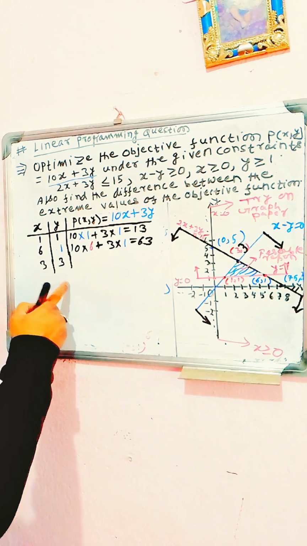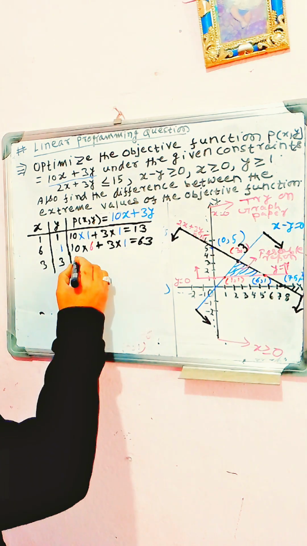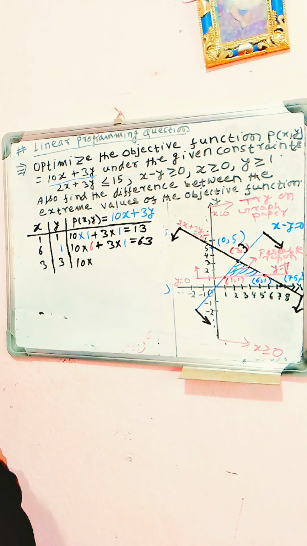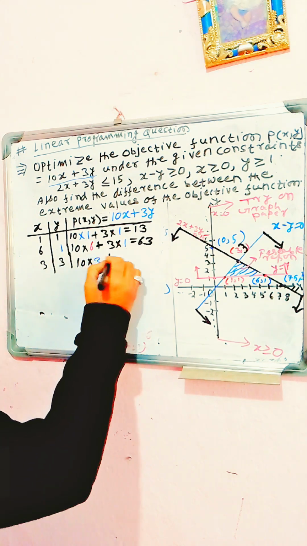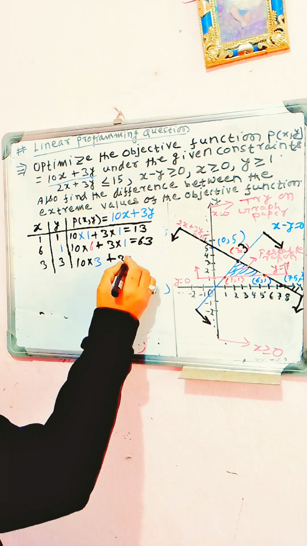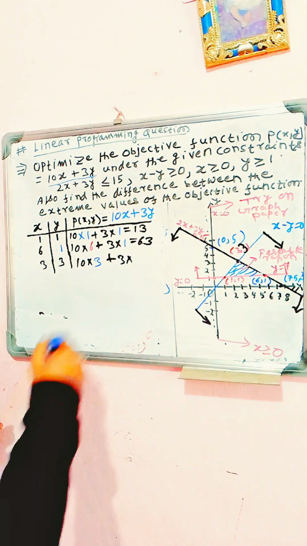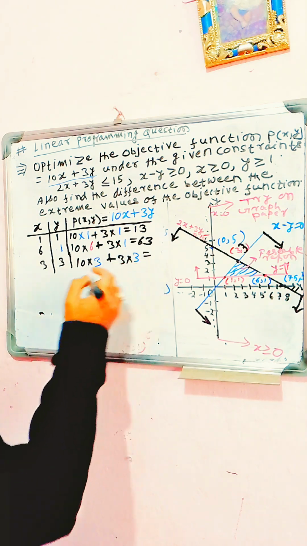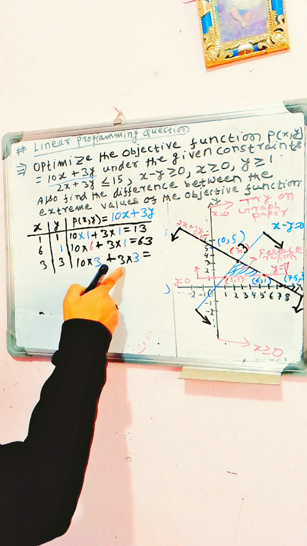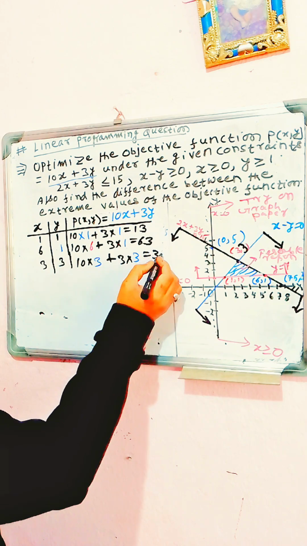Now here you have 10 times 3 plus 3 times the y value 3. So this is 30 and this is 9, so this is 39.